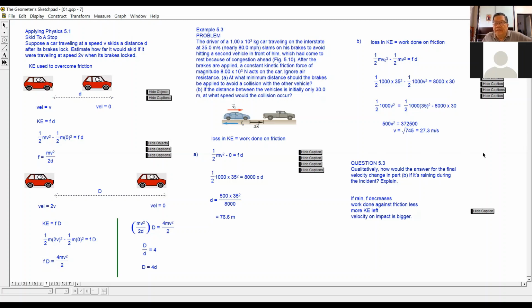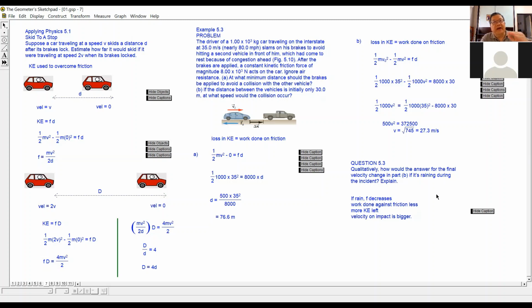Qualitatively, how would the answer for the final velocity change in part B if it was raining during the incident? Explain. Qualitatively means you don't have to calculate; you don't have to know the exact relationship like in the first question. Now, when it is raining, the frictional force will reduce.